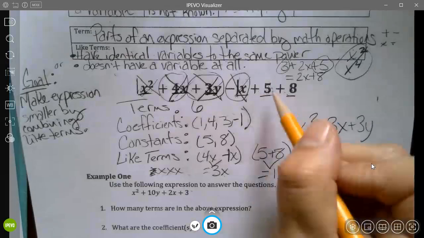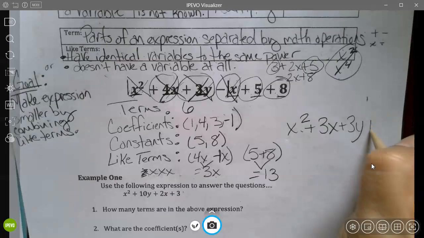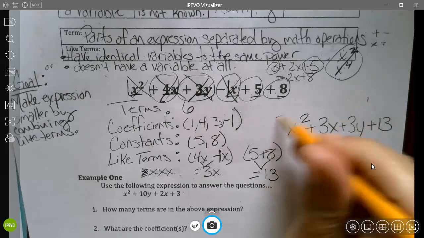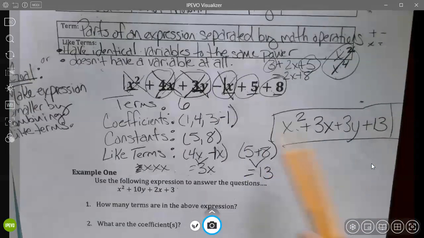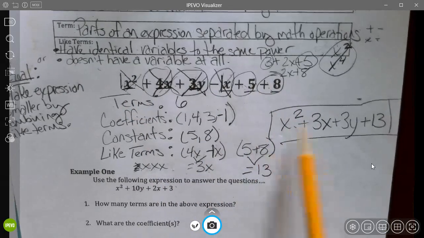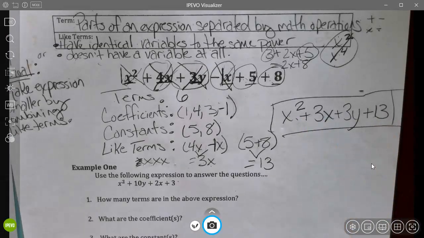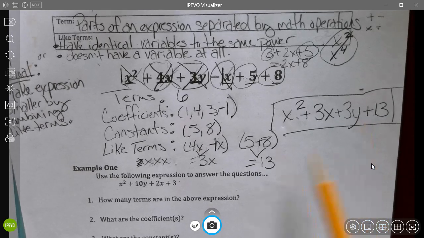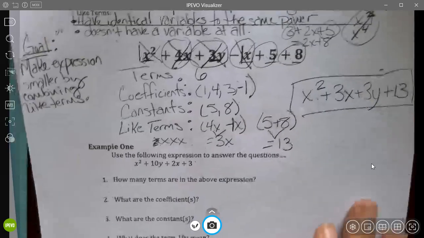And then I'm left with my 2 constants, and 5 plus 8 is positive 13, so I put plus 13. And then I put my little box around it for solve. I went from 6 terms down to 4 terms. Yeah, definitely made my goal. I was able to make it smaller. And now when you progress in math, you'll be able to simplify and factor things out easier.